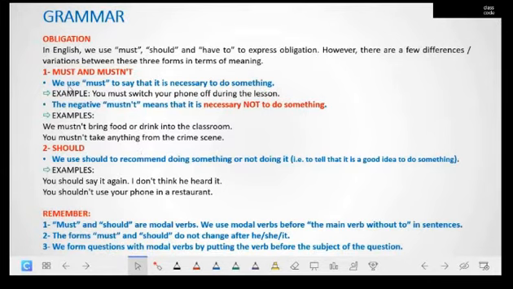So, do we have any differences among those three modal verbs? Must, should, and have to. I mean, there are some differences. They are similar somehow, but we do have some differences among them.